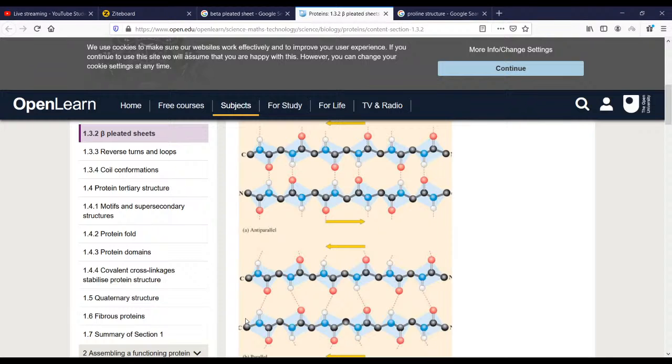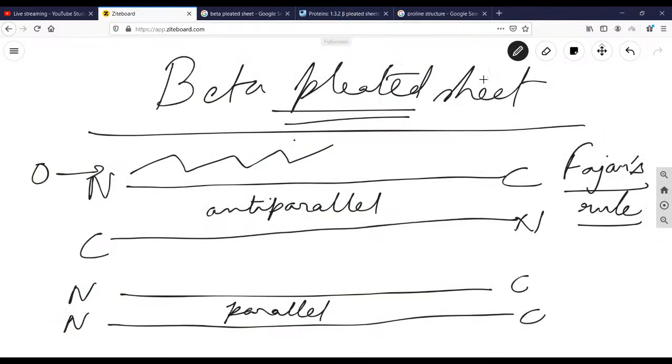You can see here in the parallel one, the hydrogen bondings are not straight. They are haphazard. Whereas in anti-parallel, the hydrogen bonding is completely straight, this dot dot dot dot. That is intermolecular, between the two polypeptide chains, you have hydrogen bonding, and that is completely straight.